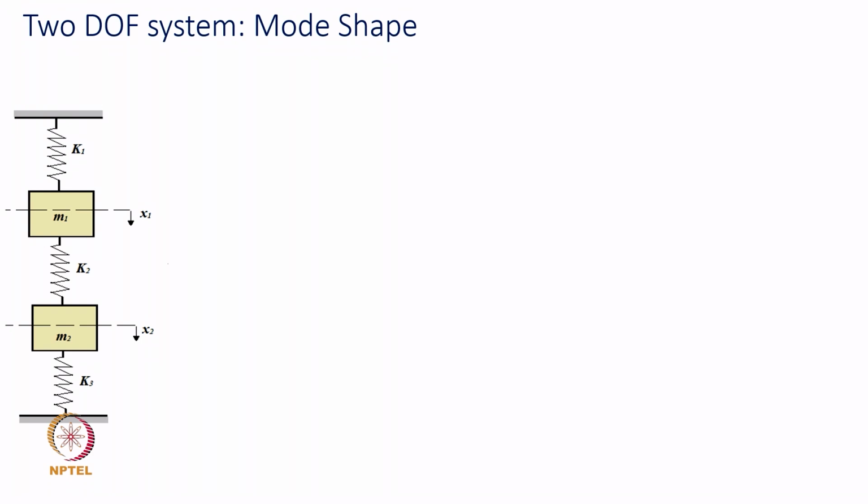I am reproducing this 2 degree of freedom, or 2 mass, system as an example, and for the sake of some mathematical simplification without losing any generality, we make a small assumption that the stiffnesses K1 and K3 are equal to K, and the stiffness K2 is 2K.